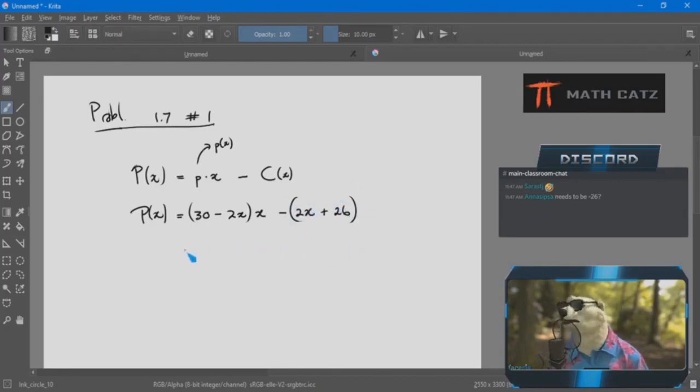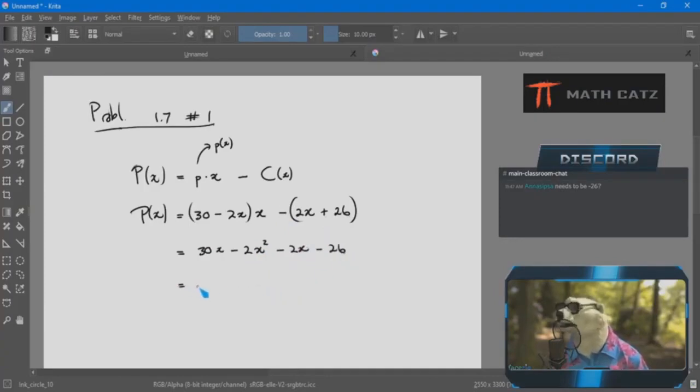Now, in order to see what kind of function I am even working with here, before I can move forward and answer the rest of their questions, let's see what this simplifies to. All right, so I'll just multiply the x in: 30x minus 2x squared minus 2x minus 26, a lot of minuses.